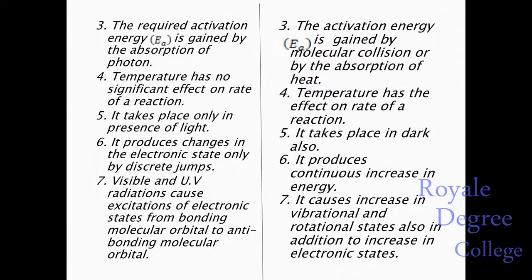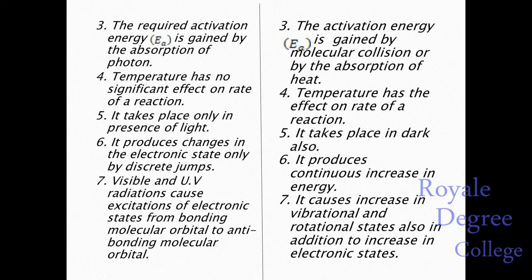In a photochemical reaction, the required activation energy is gained by the absorption of a photon. In the thermal chemical process, the activation energy is gained by molecular collision or by the absorption of heat.